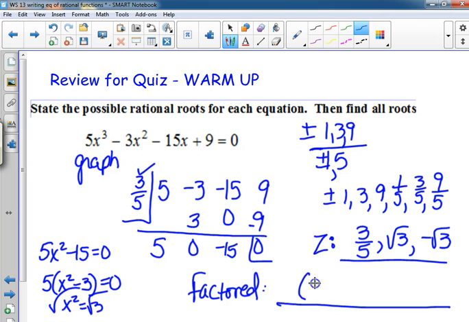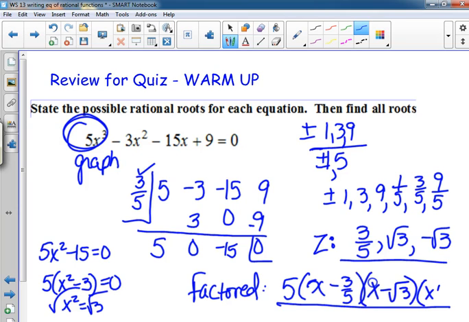Anyone? X minus 3/5. Okay. And she mentioned the 5 already, right? We've got to have the leading coefficient if we're not going to put it in one of the parentheses. And then I would be fine with this.